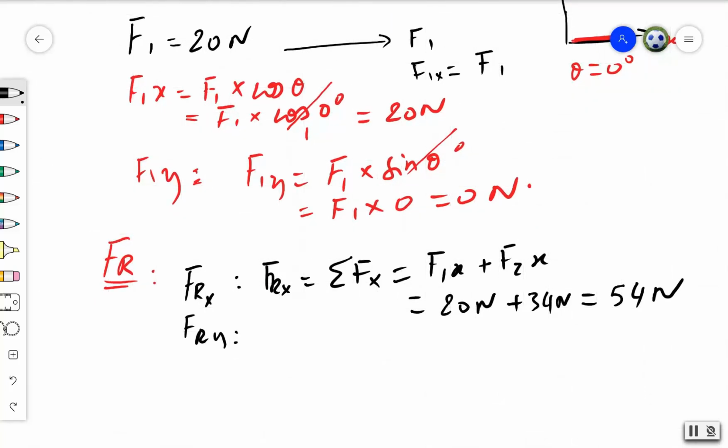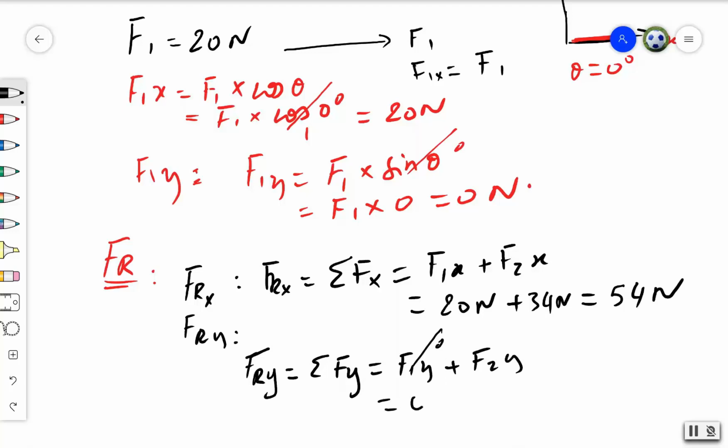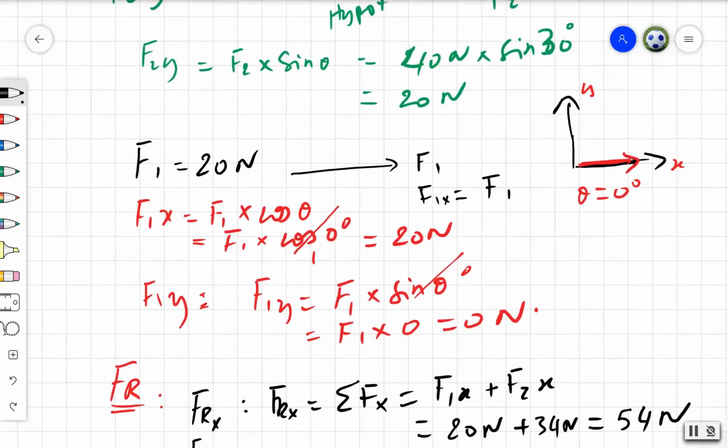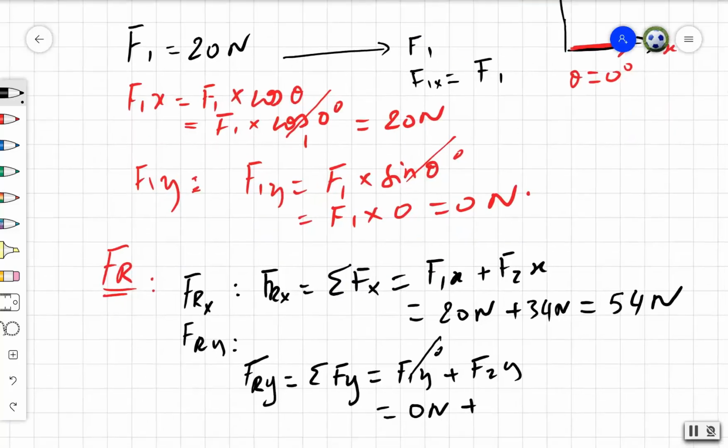For FRy, this is the component of the resultant force in the y direction. It equals the sum of the forces on the y-axis, so F1y plus F2y. Remember, F1y equals 0 Newton, plus F2y, which equals 20 Newton.